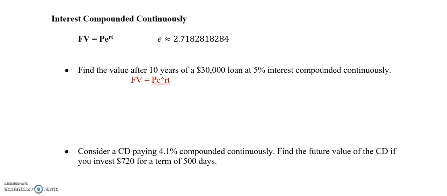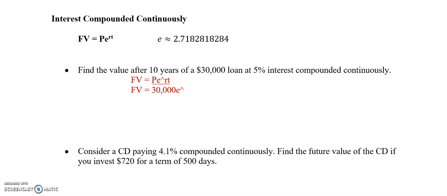Now we just have to figure out what is our FV. Well, we want the value after 10 years, so sometime in the future. So that's what we're looking for. Our P is the amount that we deposited or invested originally, which is $30,000, or borrowed, I guess, in this case. E, of course, is just E, because that is what we call the constant variable.